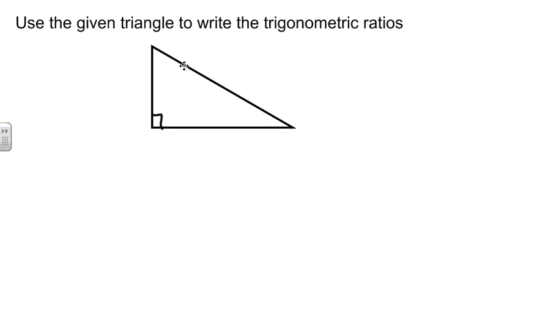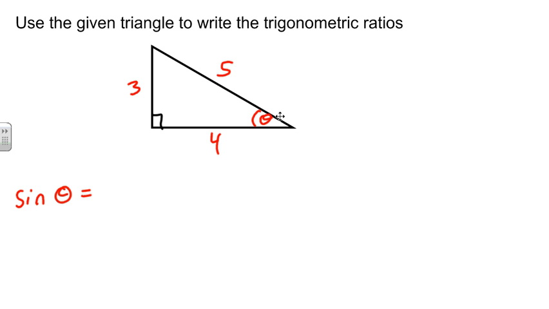So let's do a quick example here where we write the trig ratios. Let's say this side is 3, this is 4, and this is 5. And let's talk about this angle, theta, that's what that symbol is called.